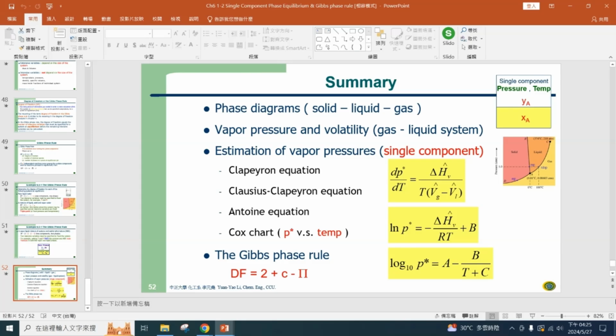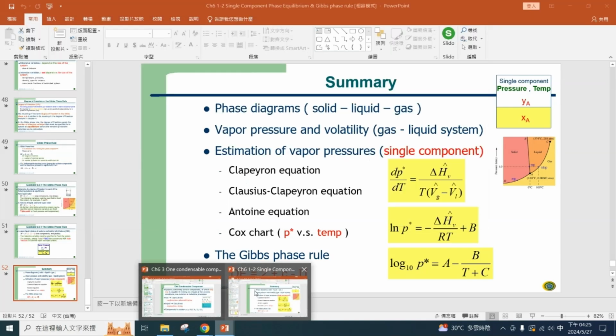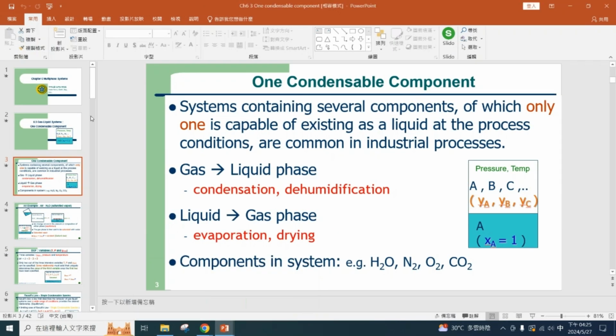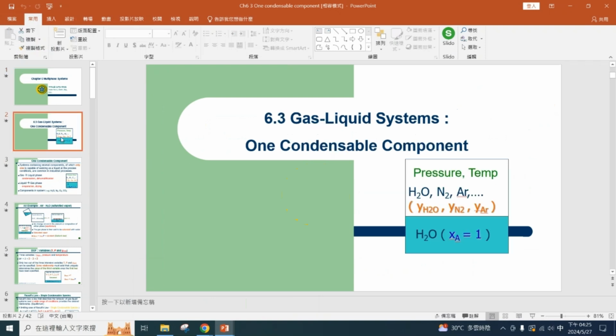Right, okay, so today we move to section 6.3, which is the one condensable component gas-liquid system. We are only dealing with one condensable component. So I just want to recall what we learned last week.